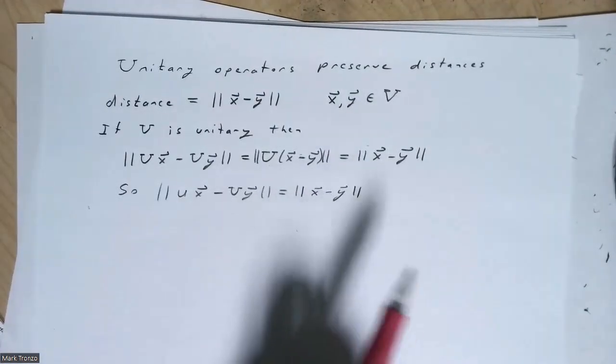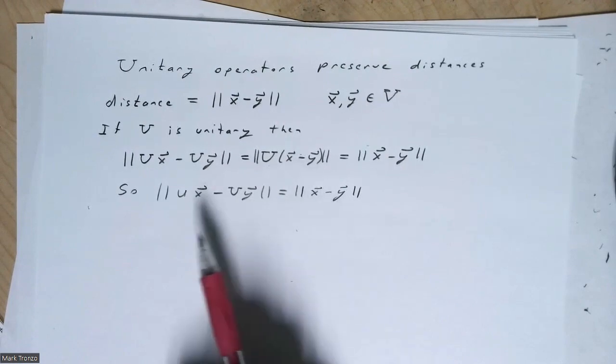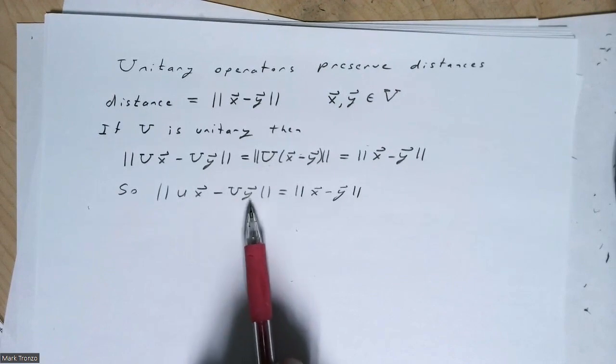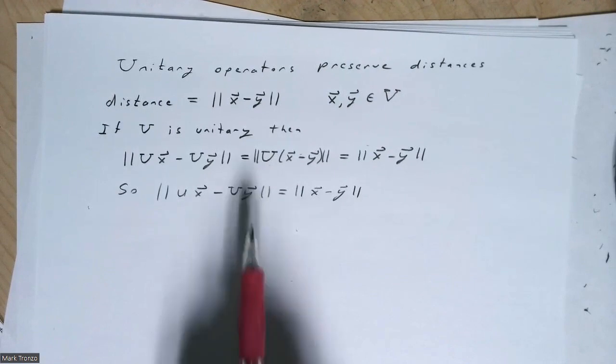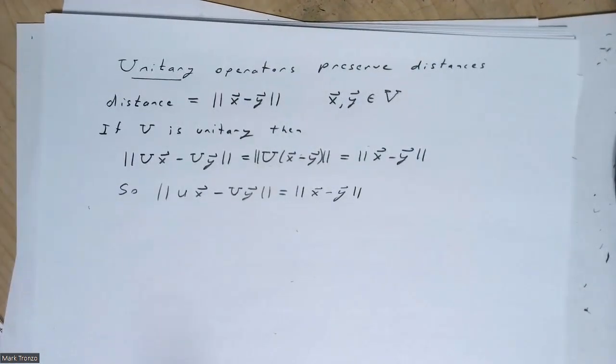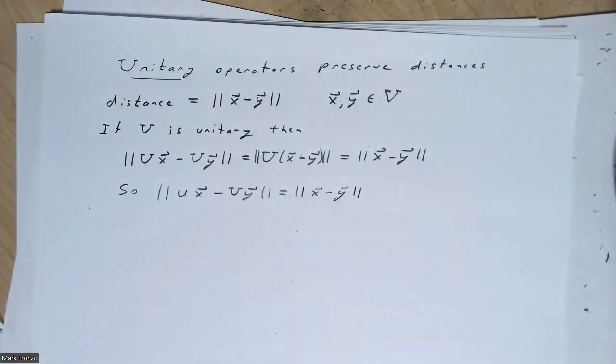So the difference between x and y is going to be the same as the difference between the operator U applied to x minus the operator U applied to y. Again, this is true for unitary operators. So that's another property of unitary operators, is that they preserve distances.